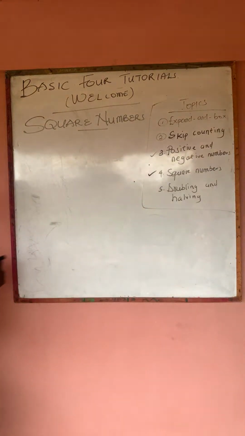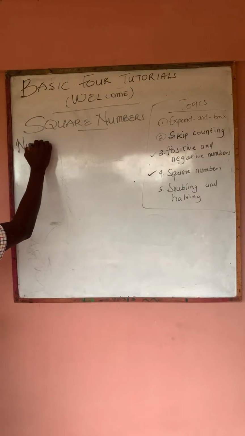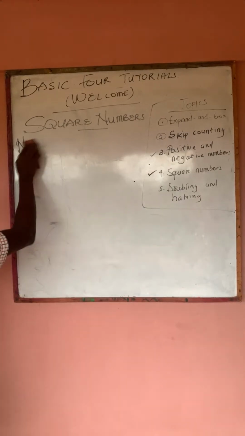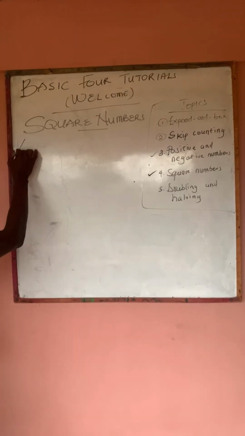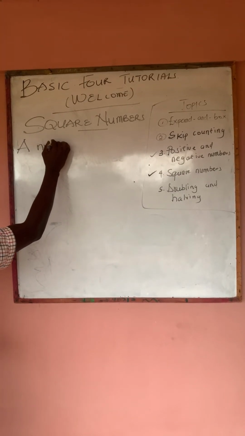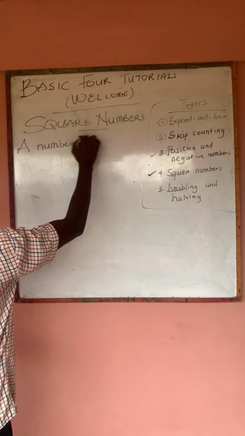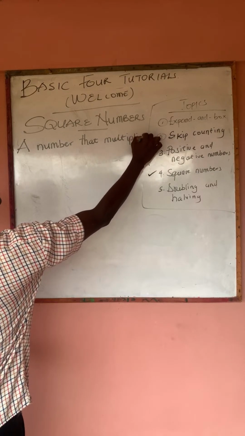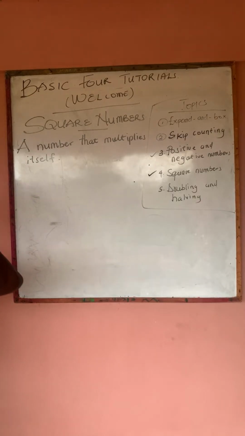Let's take this example. So let's write the definition of square numbers. A number, make it singular. A number is a square number.